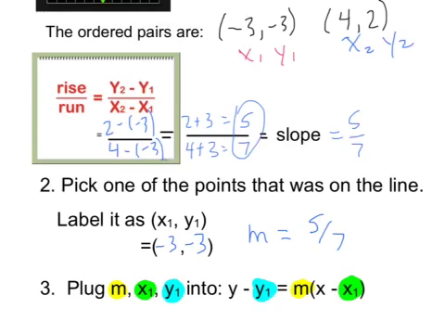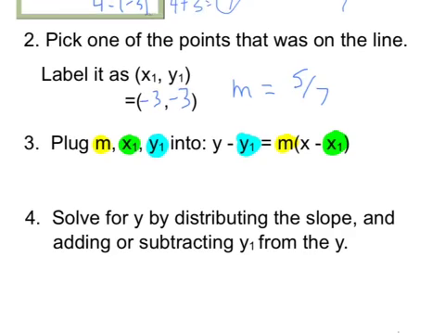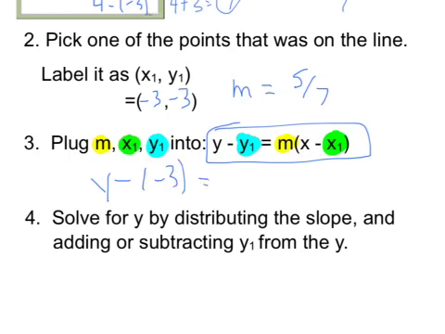So let me switch pens here. Our formula says we're going to take y, using this one here. We're going to take y minus the y1. Well, my y1 is -3, so I'm going to subtract -3 from y.